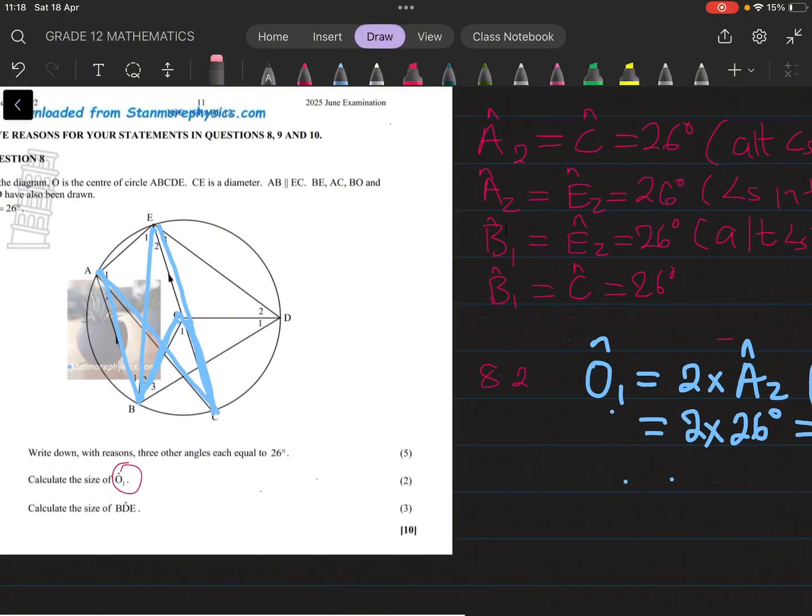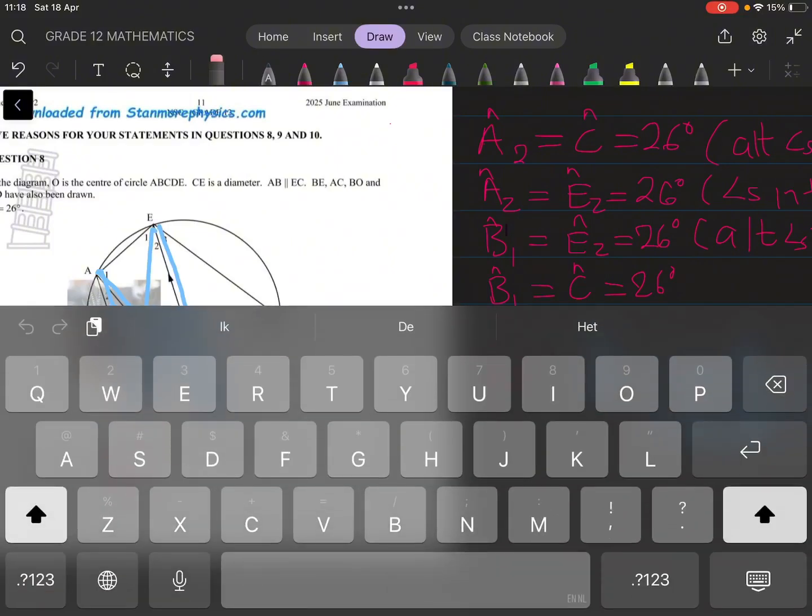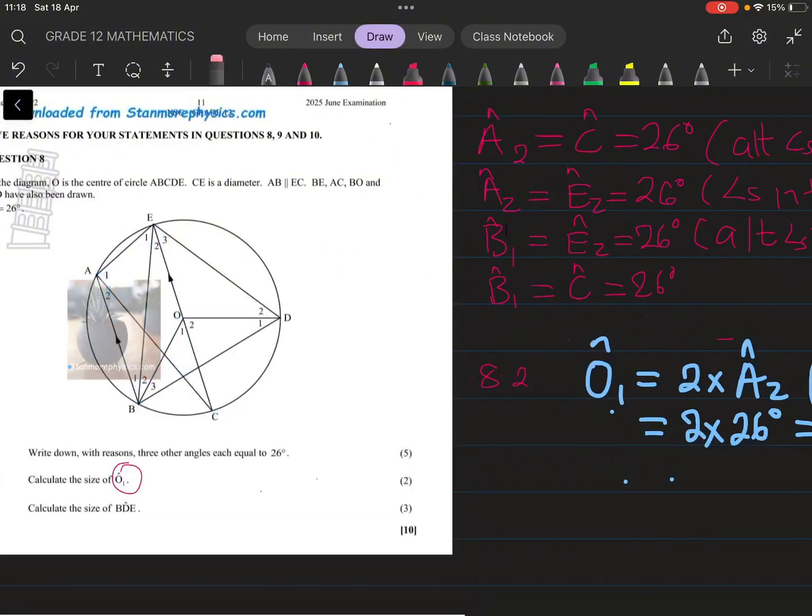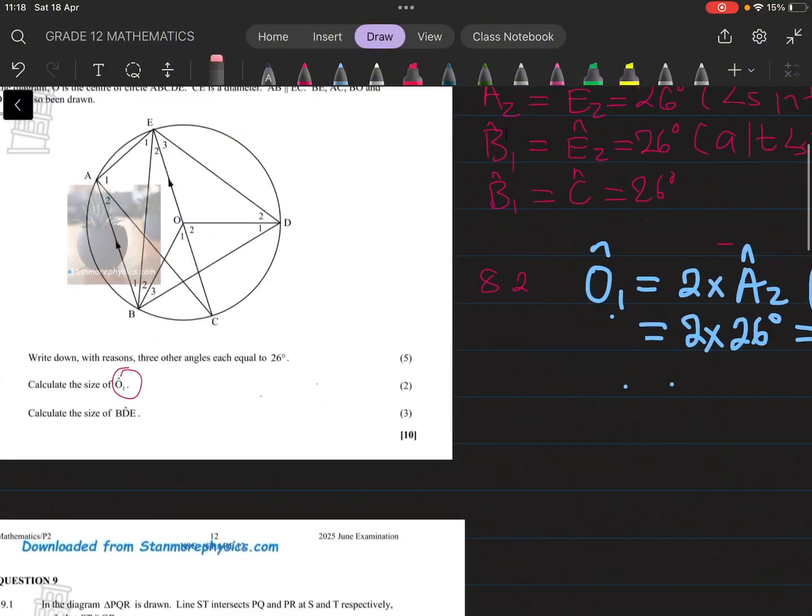Okay, so now coming back to the same question again, we have B now. Calculate the size of angle BDE. So we're looking for angle BDE.